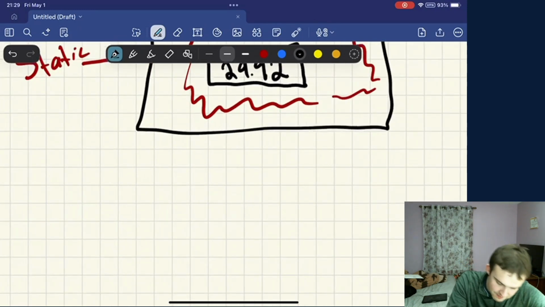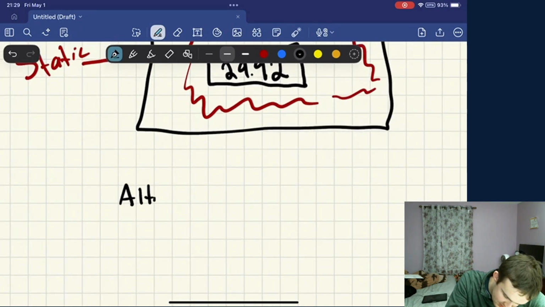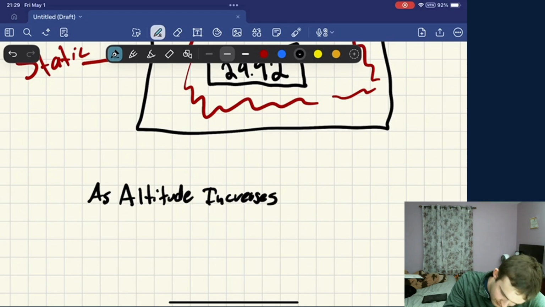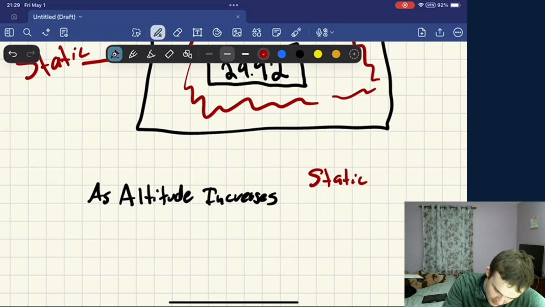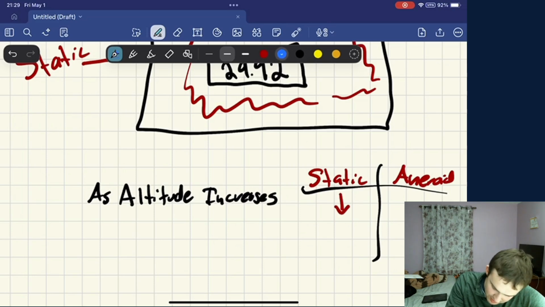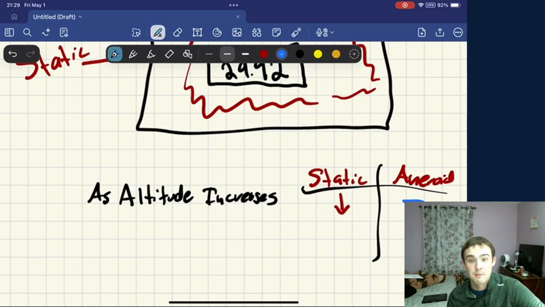So what's going to happen is, as our altitude increases, I'm just going to do a little static and then aneroid. Draw the little T-table. As our altitude increases, our static pressure is going to drop, but our aneroid pressure of 29.92 is going to stay the same.